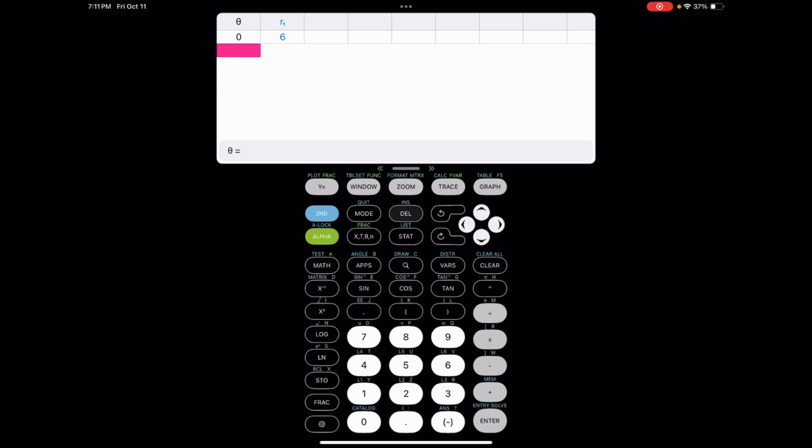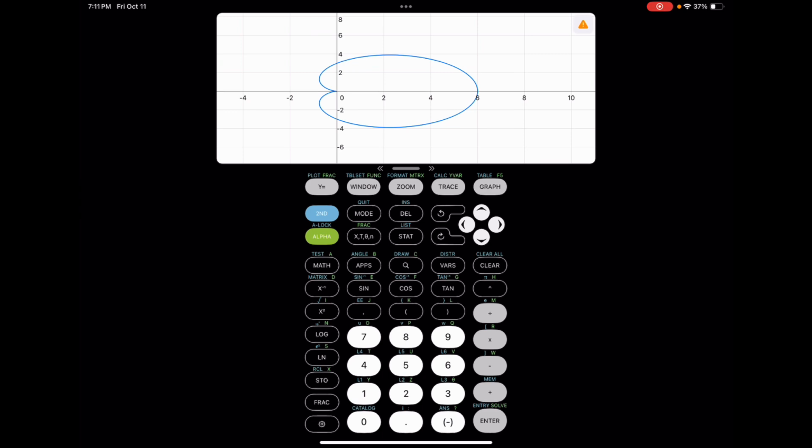For example, you can input 0, 30, 45, and it keeps giving you the r numbers. You can start to graph it. Okay, let's see the graph. We call this a cardioid.